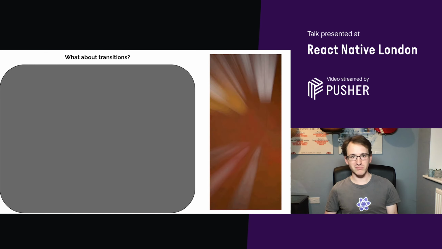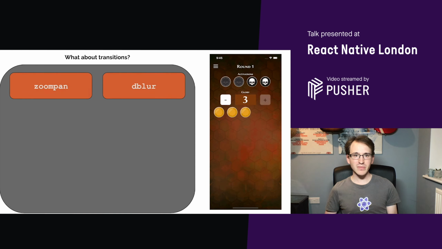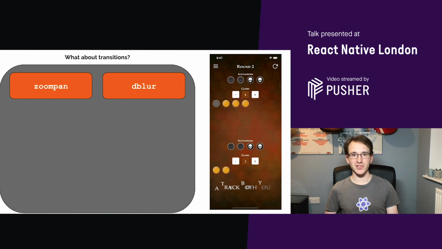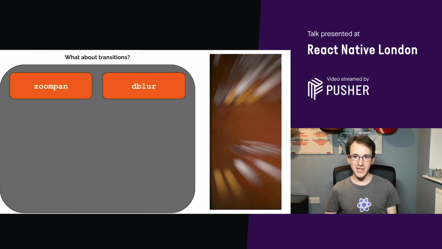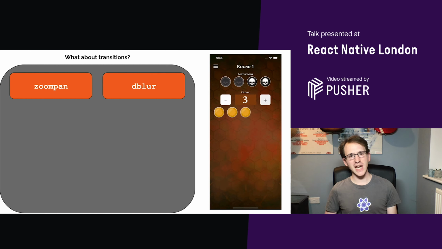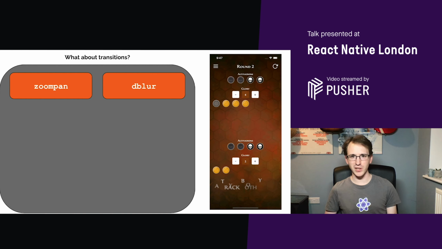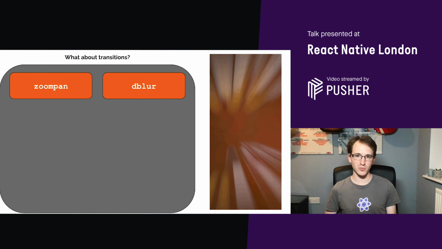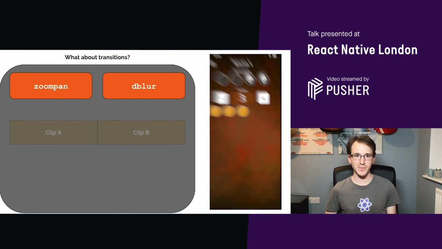So can we do something similar on the command line? That's probably a little ambitious, to try and achieve the same transition as a mature tool like iMovie. We could happily get away with a flash or fading in and out, but I put a bit of thought into how I would script that zoom blur transition using the zoompan and directional blur filters in FFmpeg.